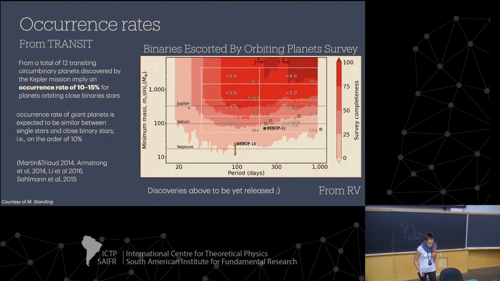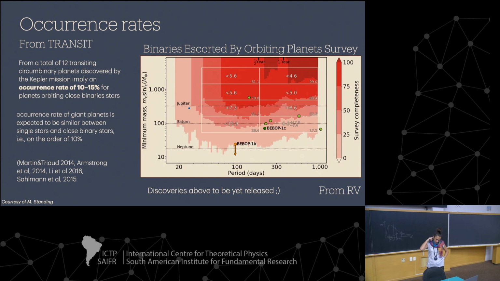Okay, so let's go into the radial velocity method, exactly like taking up on your question. Transit, we saw, is not very efficient. So these colleagues of mine, this was a courtesy of Matt Standing, built up this radial velocity survey called the Binaries Escorted by Orbiting Planets survey, the BEBOP survey.